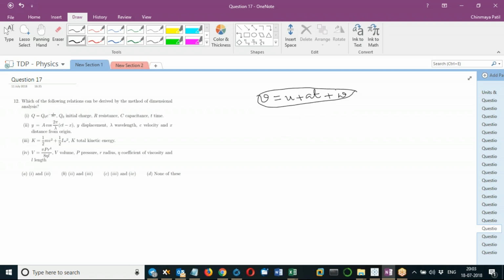If we validate this equation, we will see that it is dimensionally correct. So none of these four options can be used to make a judgment whether the relations are correct or not.